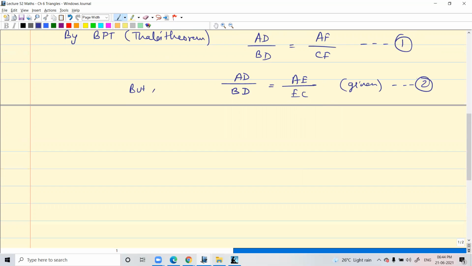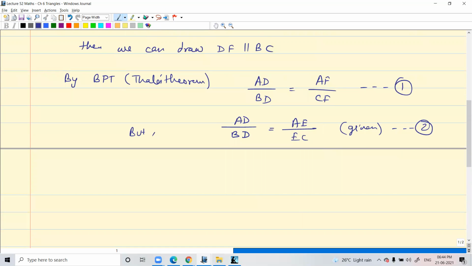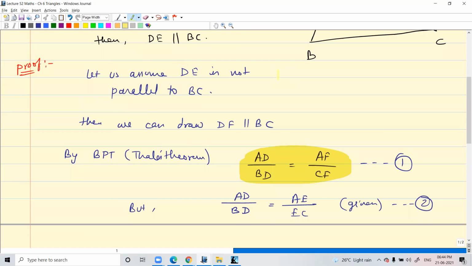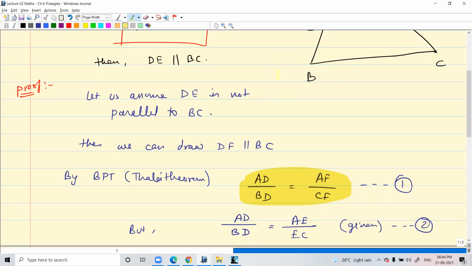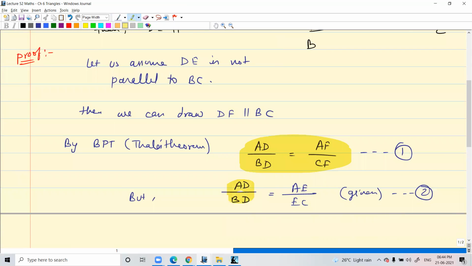So from these two, what can we understand? See, we know that because I have drawn it by construction, DF is parallel to BC. So the basic proportionality theorem will give us the first equation: AD by BD should be equal to AF by CF. But in the problem, we already know that AD by BD is equal to AE by EC. Then these two should also be equal, right?